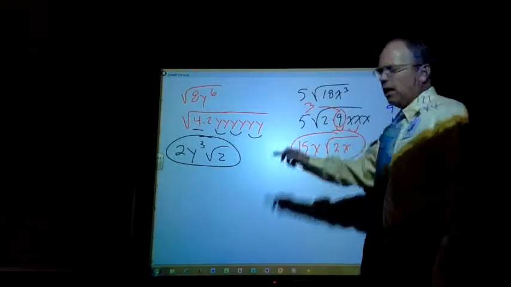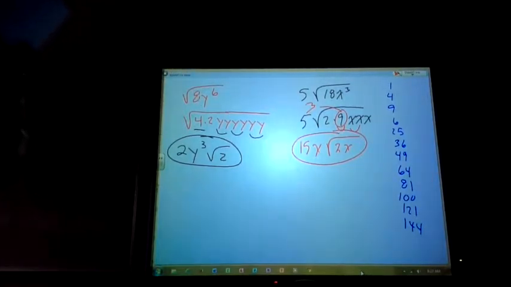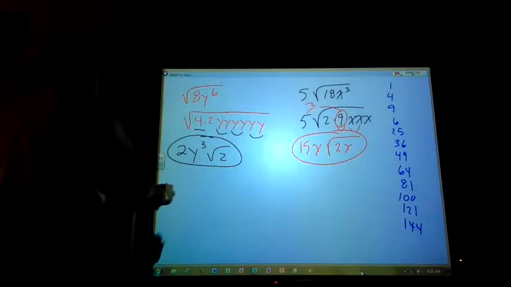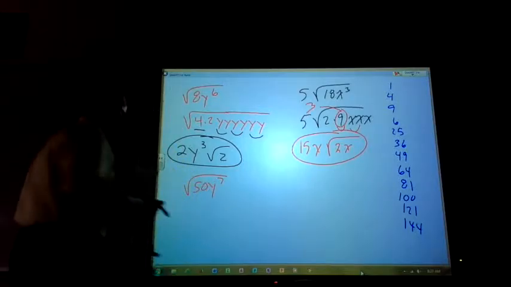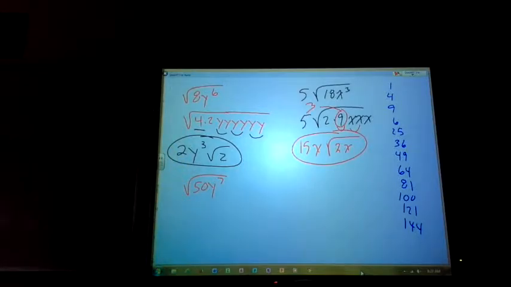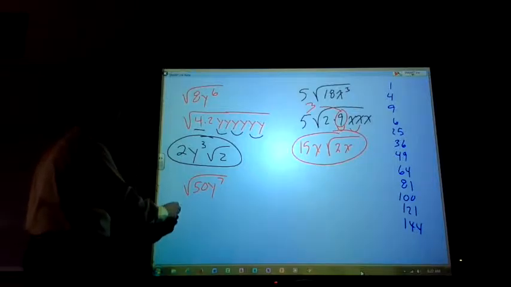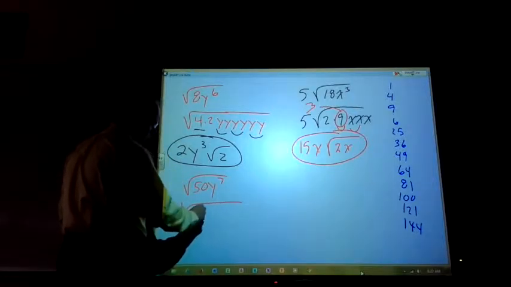Sweet. All right. What's next? Can't see it anymore back there. What number are we on? 10? Root 50 y7. This one? Right? All right. Can 50 be broken down? What does it break down to? 25 and 2.